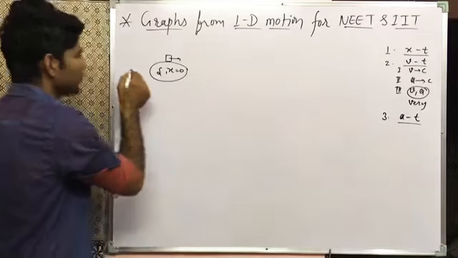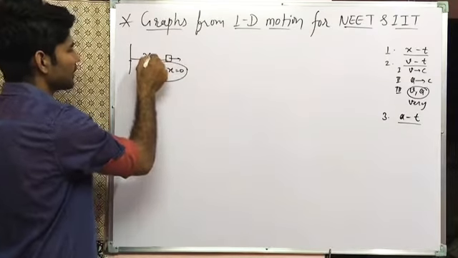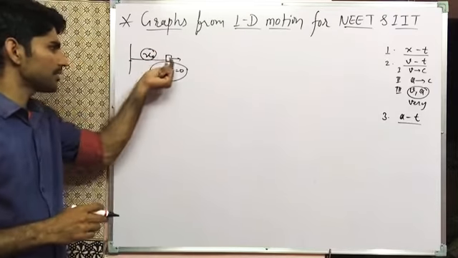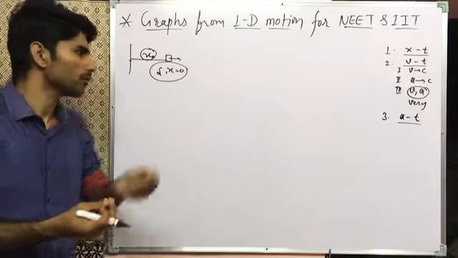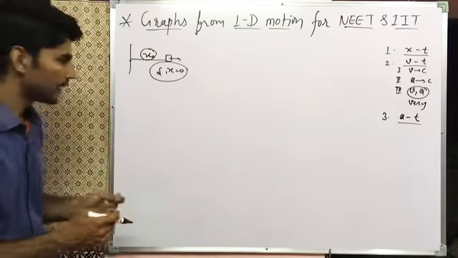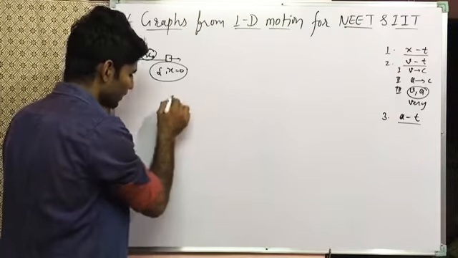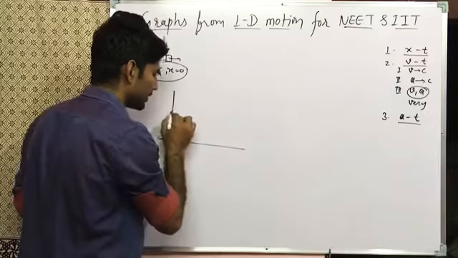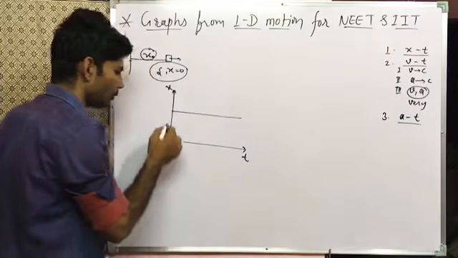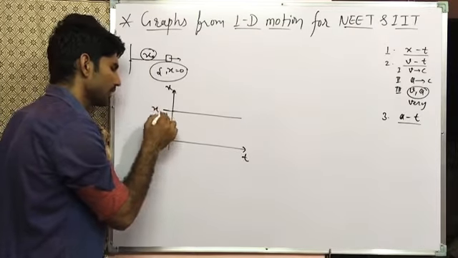Or if its initial point is here and its displacement is small x or x naught, and after some time it reaches here and it's not moving from this position, and we start counting time from here, then the graph for this object will be a straight line parallel to the time axis, and this value is x naught.